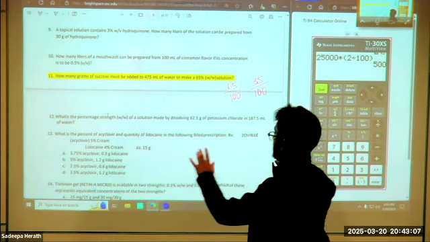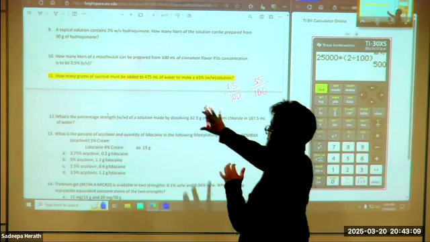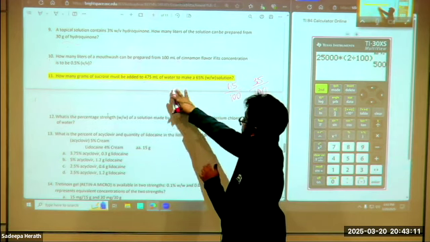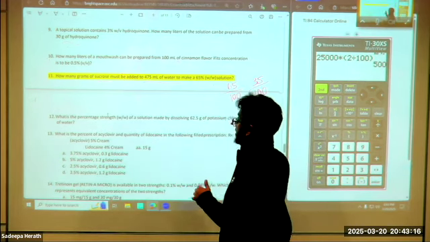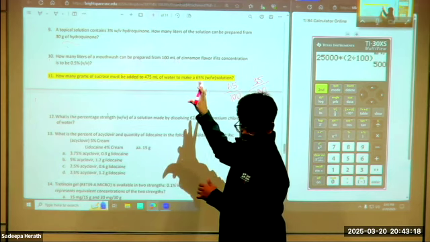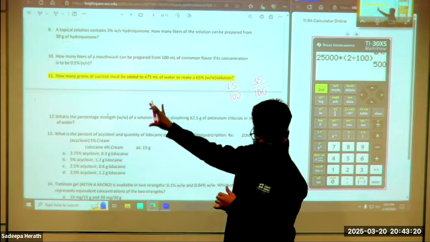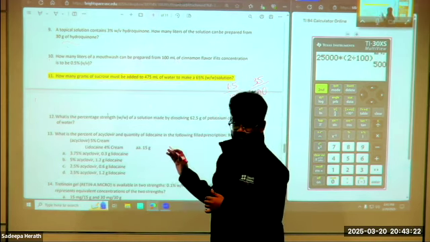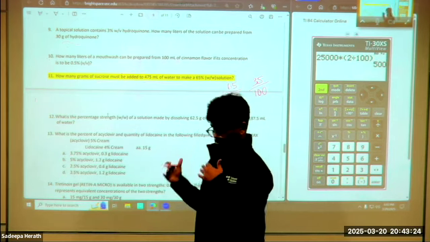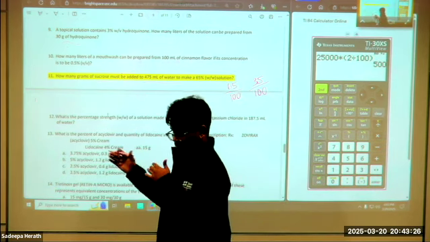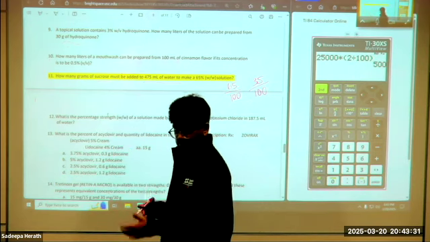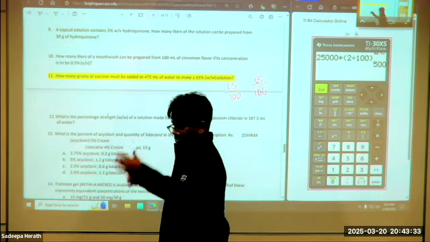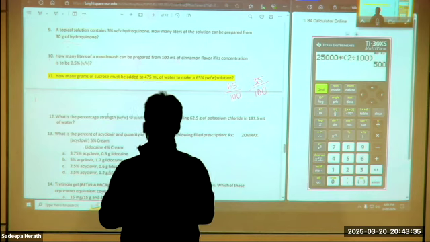We know there's 475 ml for 35%, and then we want to calculate the amount of sucrose, which is 65%. So there's a proportion, right? For this amount, there's that amount, and it goes to whatever amount you want to grow it to.